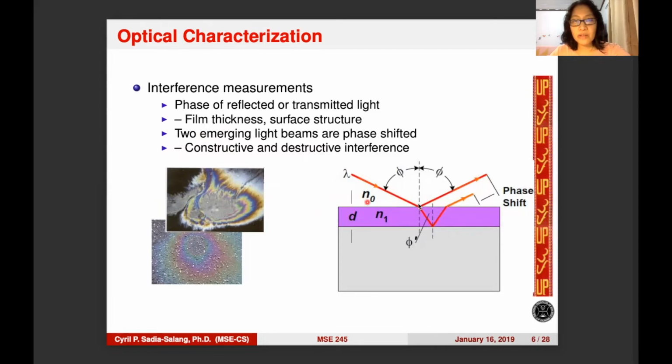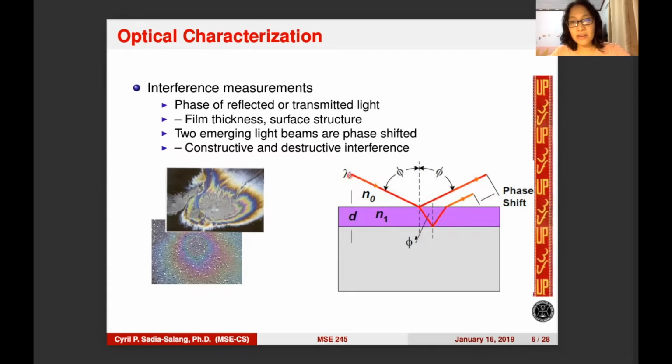The purple layer has an index of refraction N1, and that layer is on top of the gray shaded layer. The index of refraction of the purple layer is greater than the index of refraction of the surrounding air. The light travels in these two media.